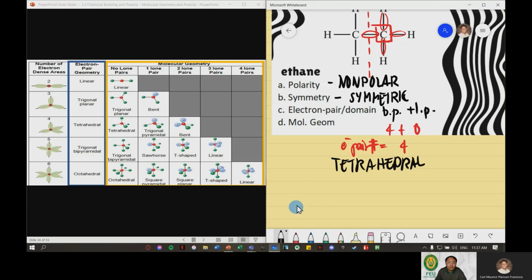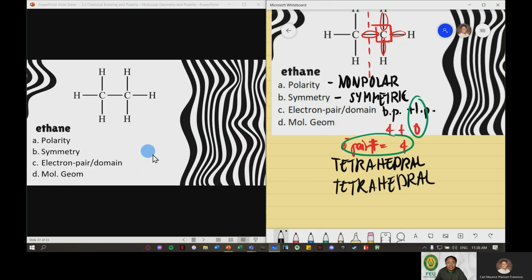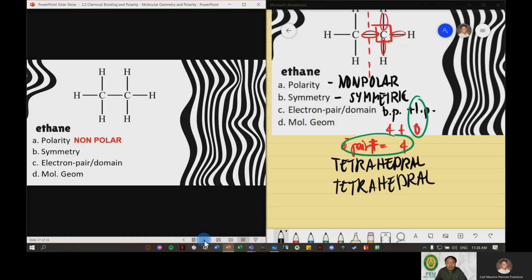Now about the molecular geometry. Remember, your molecular geometry is based upon E-pair number and LP number. For 0, 4, no lone pair, tetrahedral. So to check my answers, I have nonpolar, symmetric, tetrahedral, tetrahedral. So that's how you answer these types of compounds.